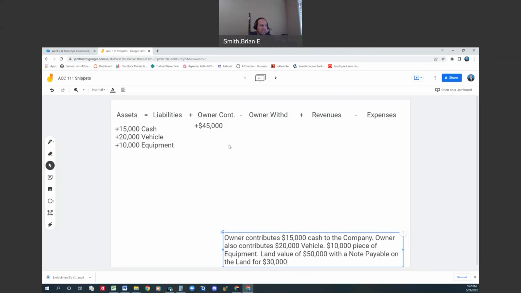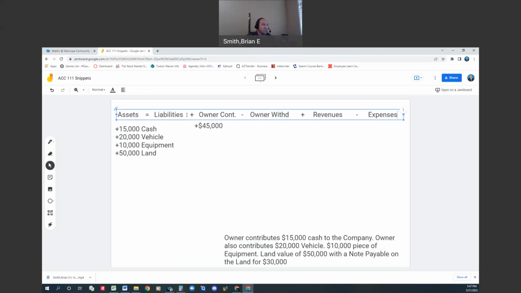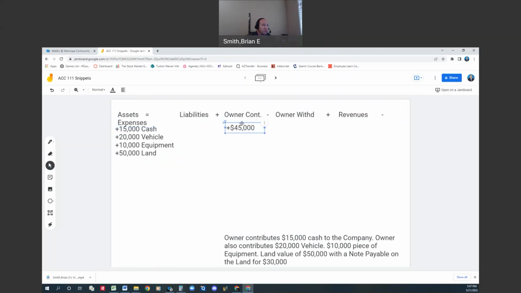So using the same information here, we're going to now increase our assets with land for $50,000. I meant 50,000, not 30,000. And just for clarification, I'm going to move some of this over.